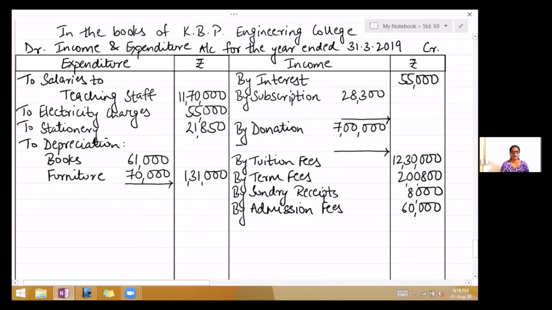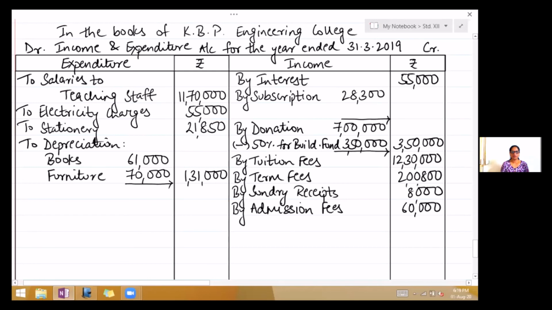So right there, less 50% transferred to building fund. So 50% of 7 lakhs is 3,50,000. The remaining is revenue, which is also 3,50,000.